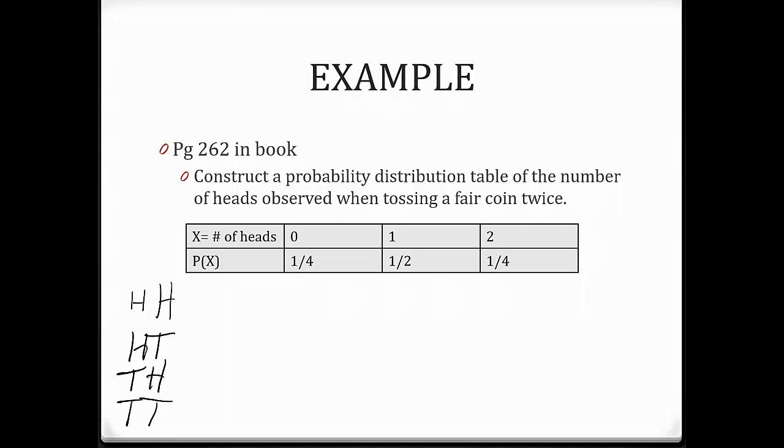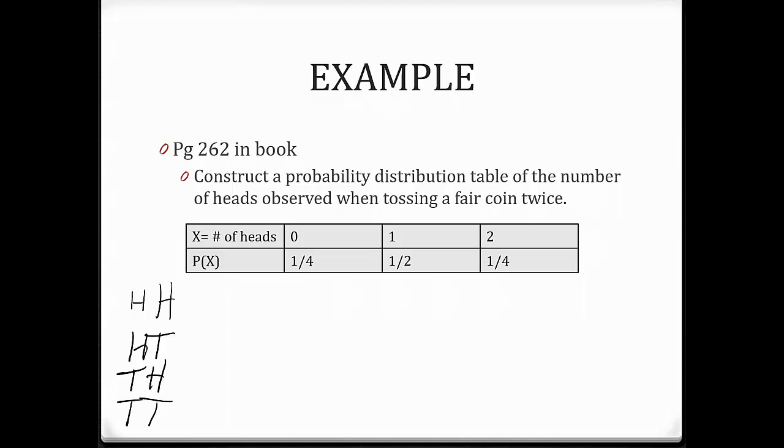There we go. Okay. So the probability of finding no heads was 1 in 4 because we had our tails and tails option. The probability of finding 1 head was 1/2 because we had 2 out of the 4 options.